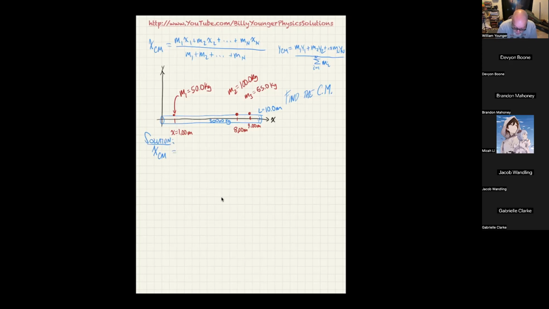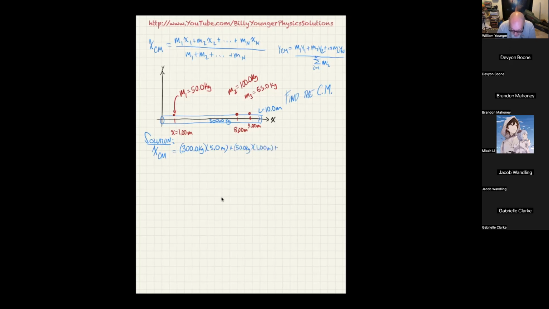So what I'm going to do is take first off the log, which is 300.0 kilograms, and multiply that by its center of mass, which, as I told you, was 5.0 meters. Now, the next thing I'm going to do is take the mass 1, which is 50.0 kilograms, and multiply that by 1.00 meters.